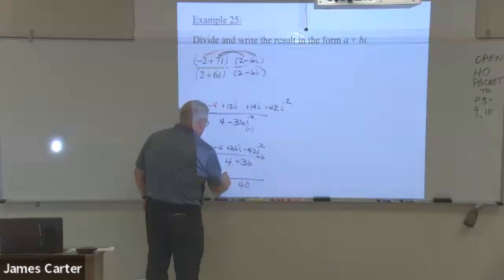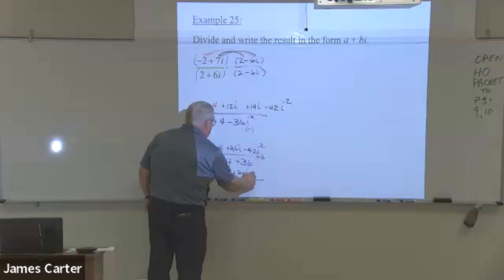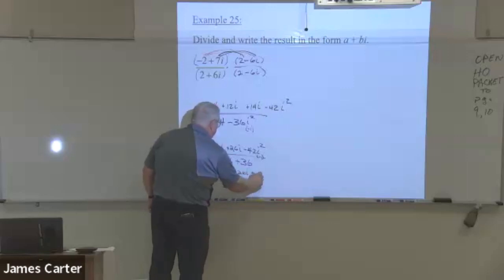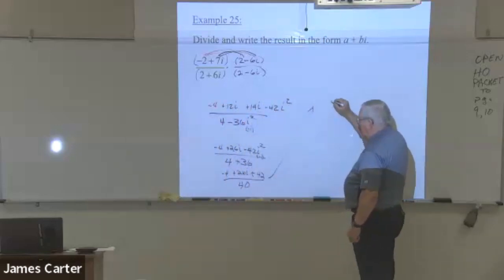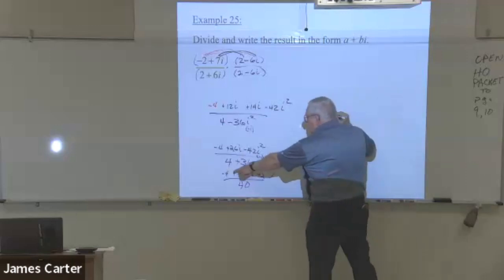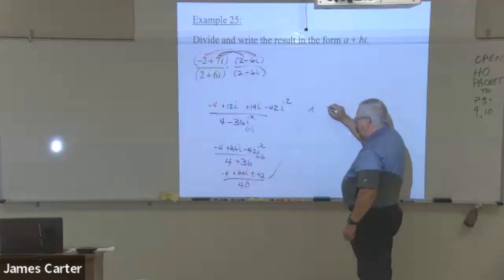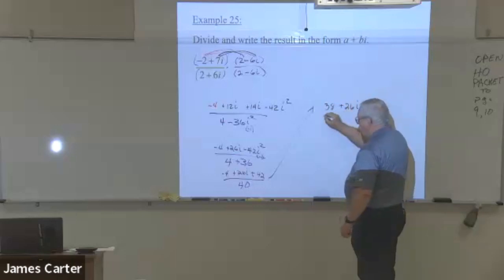And we've got negative 4 plus 26i plus 42. Bring this over. Gives us 42 and negative 4 makes positive 38 plus 26i over 40.